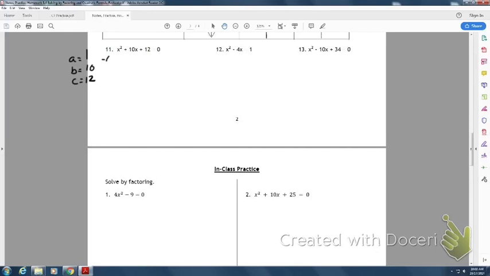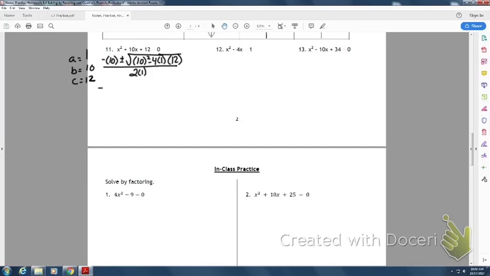So I've got negative B plus or minus the square root of B squared minus 4AC, all over 2A. Now, different people have different strategies on how to attack that and how to simplify it down. Obviously, I'm going to show you how I do it, but first thing I do is get rid of all the parentheses just to clean it up.